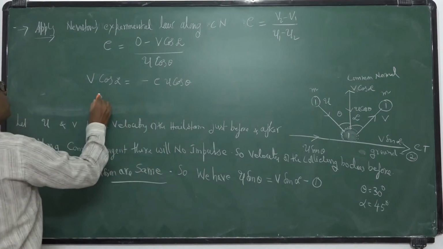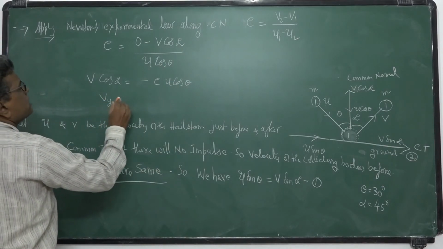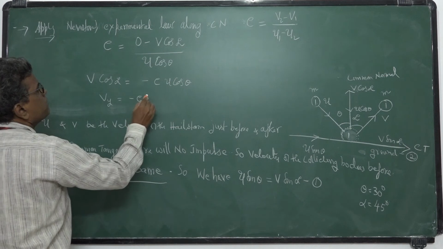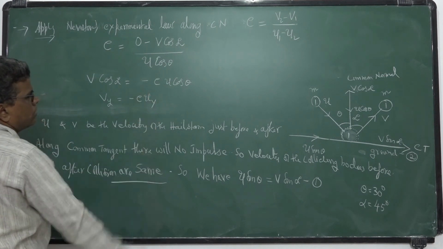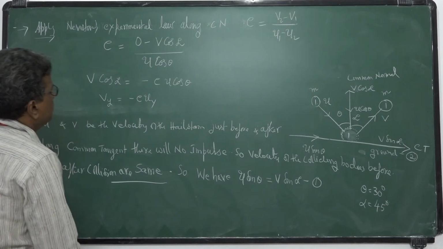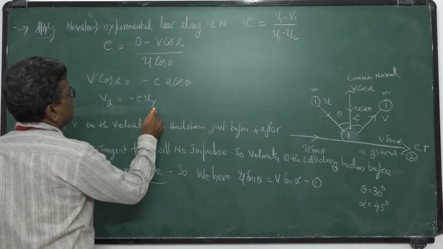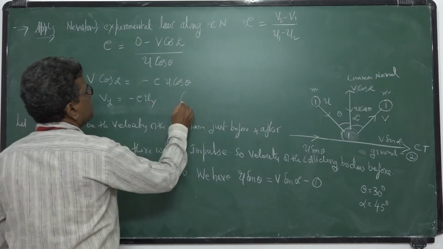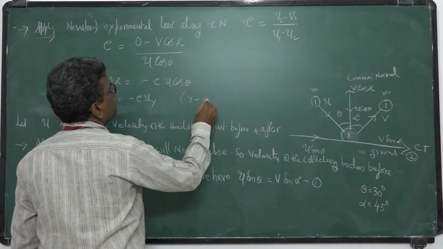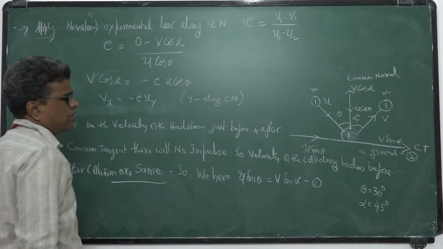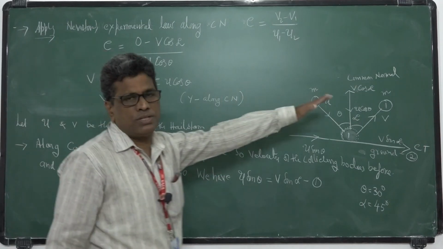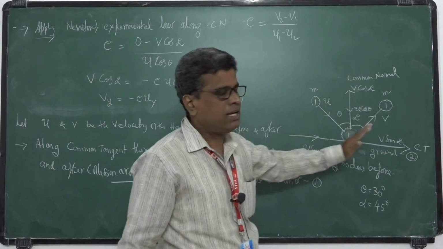So we can also say V in the y direction after collision is E times the velocity in the y direction before collision. This suffix y represents the y direction along Cn, the common normal direction. I assumed this one is the x axis, this one is the y axis.